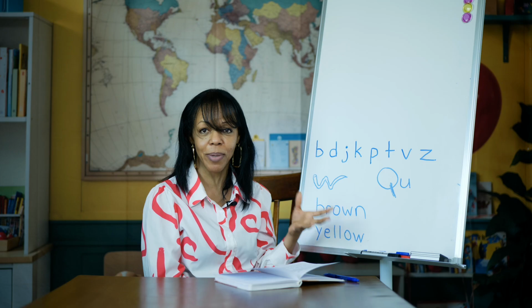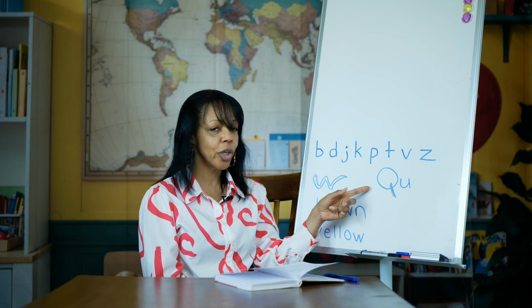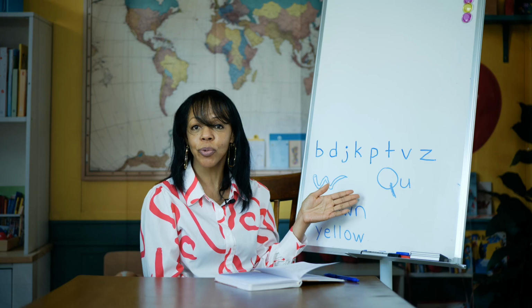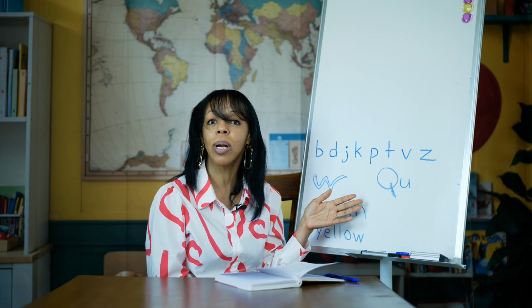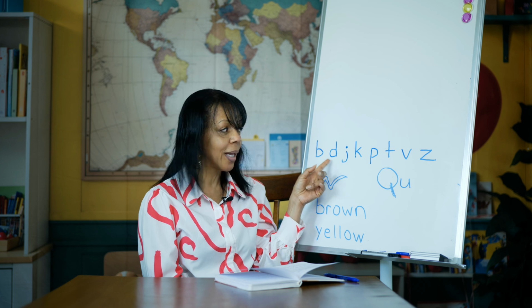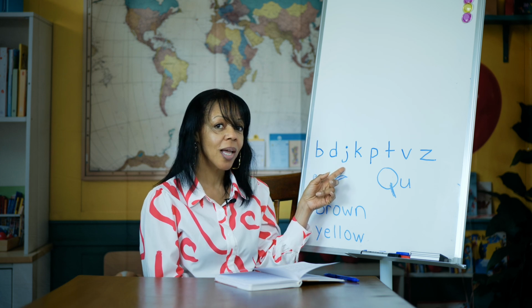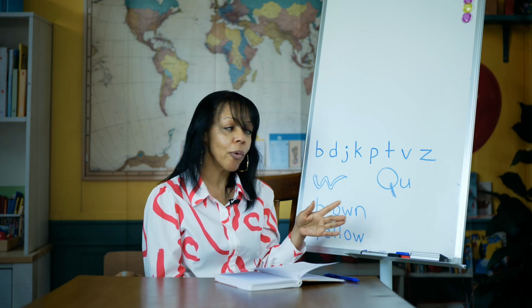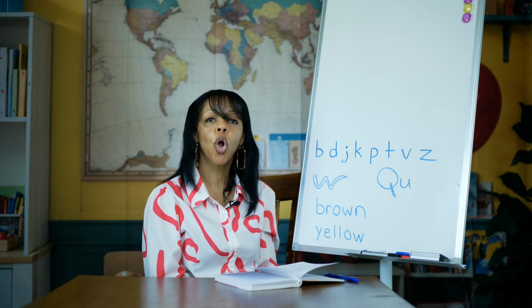That triggers their memory. And Q, because of its name, I've heard students say that Q makes the sound K, because they're remembering that if B says B and J says J, then Q must go K. And we know that QU makes qua, like in quarter.